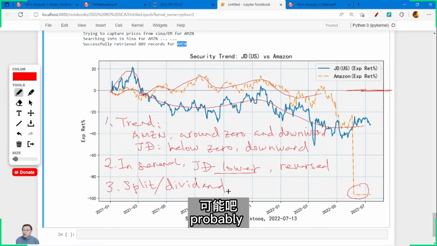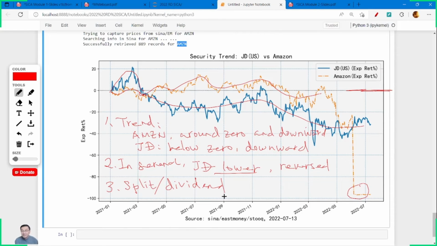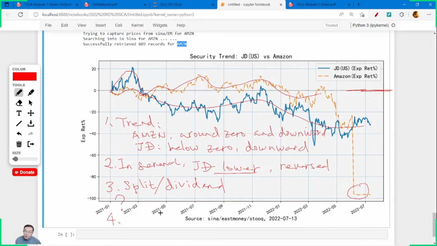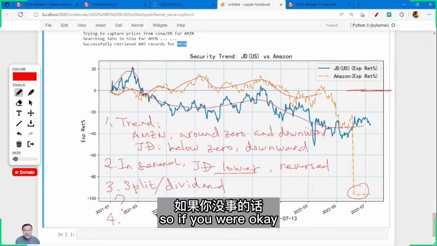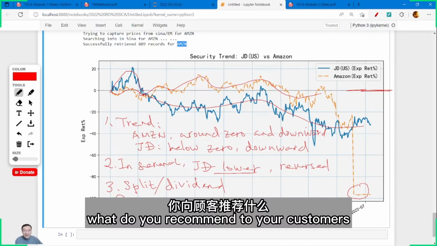And what else have you found? Yeah, maybe the two stocks are both not quite worth holding because of this negative return. So if you were a security analyst, what do you recommend to your customers, your investors?